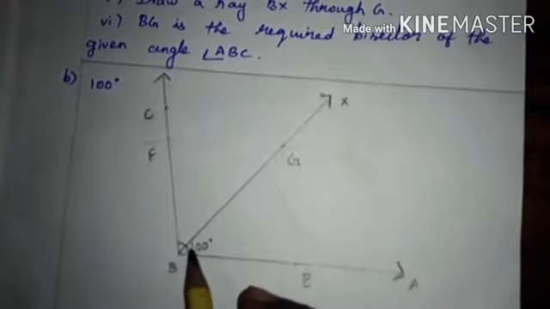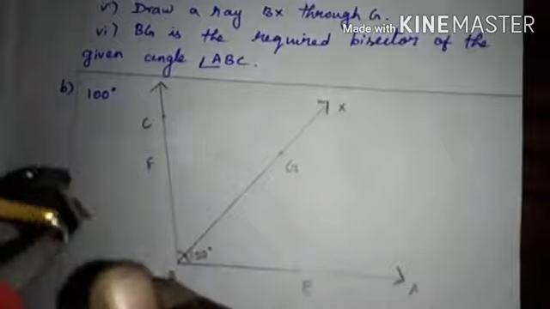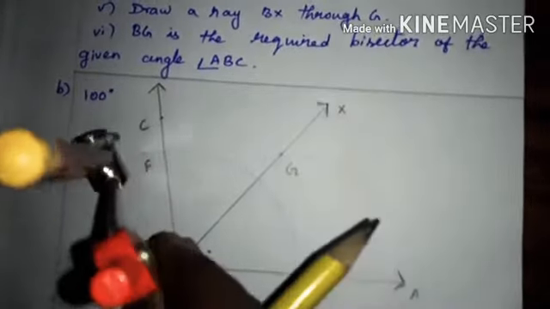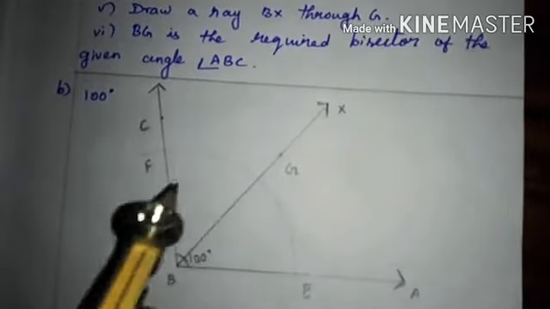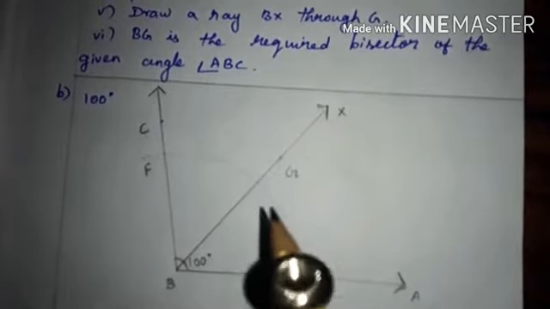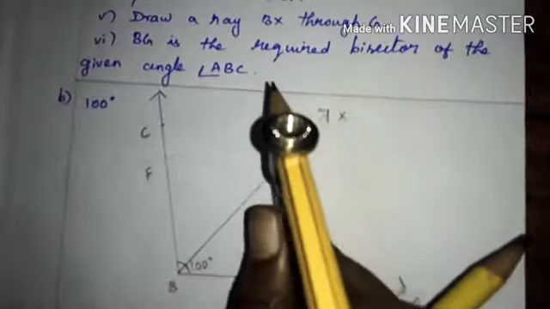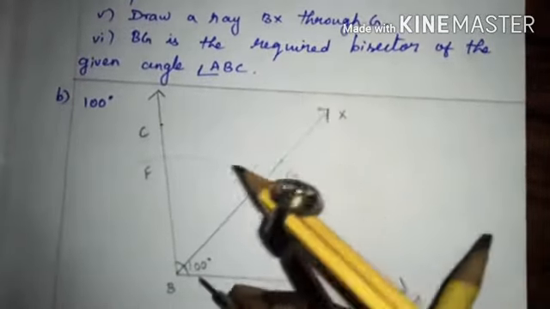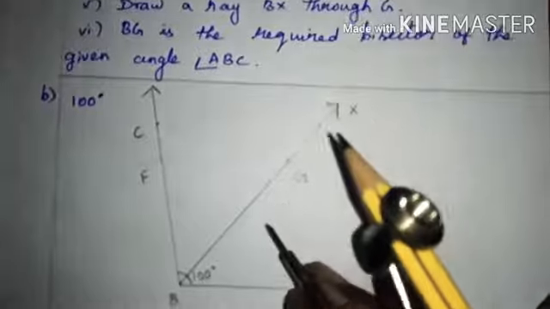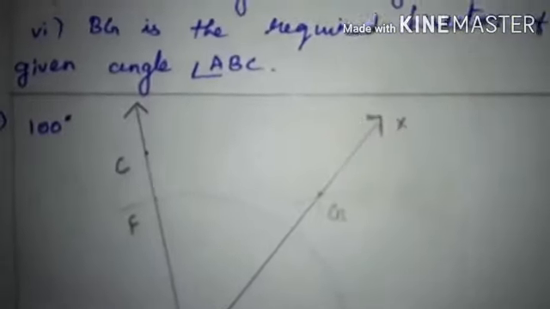After constructing the 100 degree angle, take any radius in your compass and cut an arc which intersects BA and BC at E and F. Again with the same radius, keep it at E and F. These two arcs will cut at G. Now join BG. Here BX is the angle bisector of angle ABC.